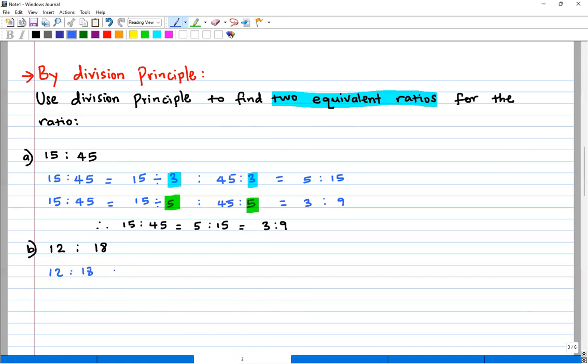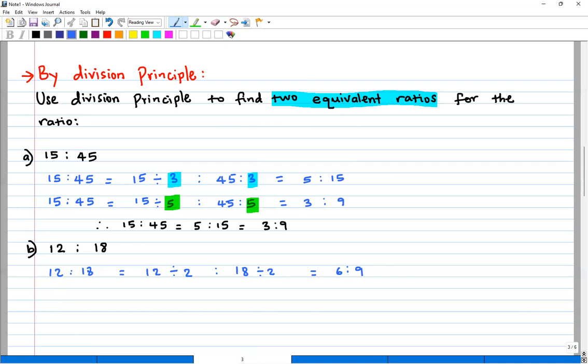Let's say that we will start by dividing by 2. 12 divided by 2, 18 divided by 2. So this will give us 12 divided by 2, that is 6, and 18 divided by 2, that is 9. Okay?